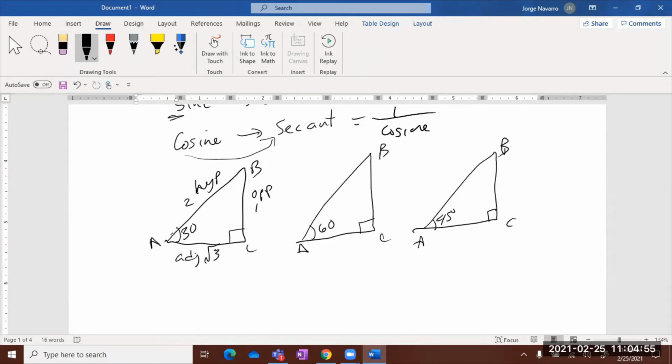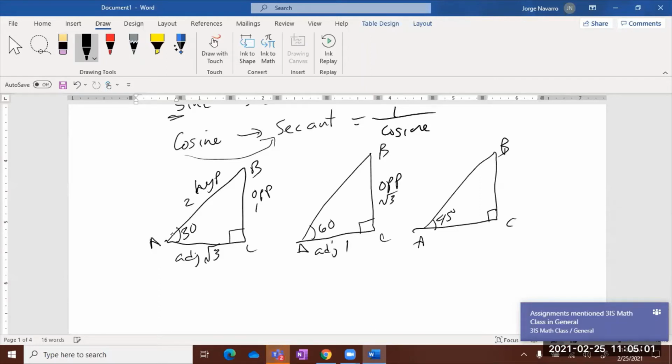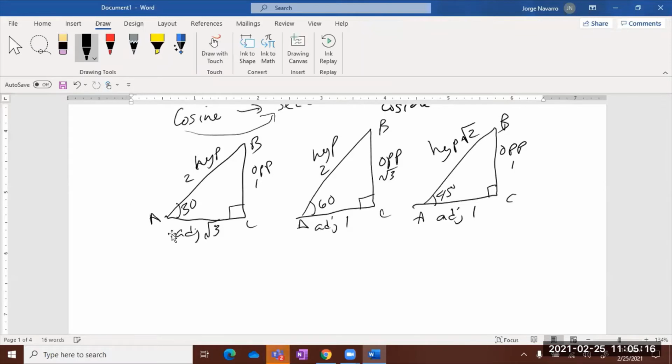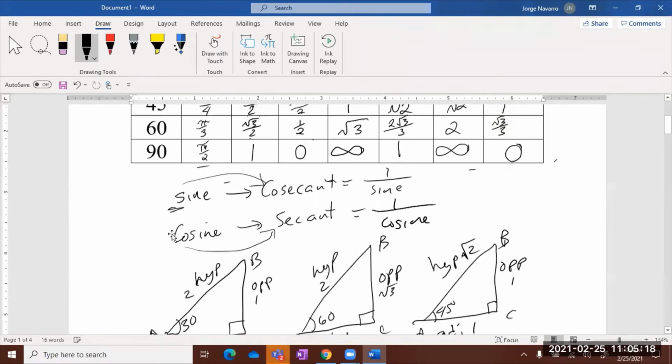In the 60, the opposite was root of 3, the adjacent was 1, and the hypotenuse was 2. For the 45, the opposite was 1, the adjacent was 1, and the hypotenuse was root of 2. This is where the numbers are coming from.